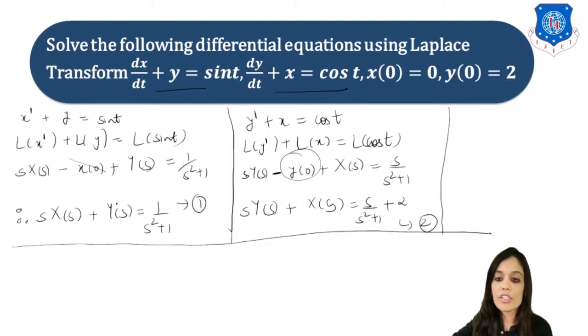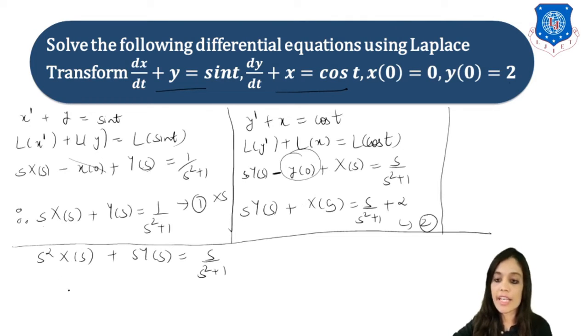Now let us solve this using our elimination method. Let us multiply our first equation by s. On multiplying this equation by s, we will get s square X(s) plus sY(s) equals s upon s square plus 1. And keep this as it is.